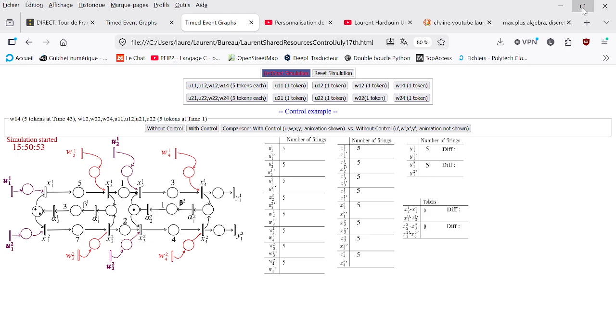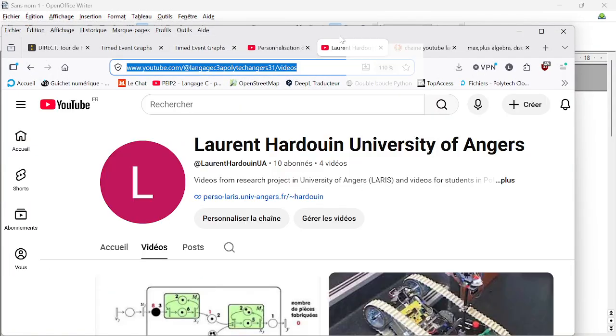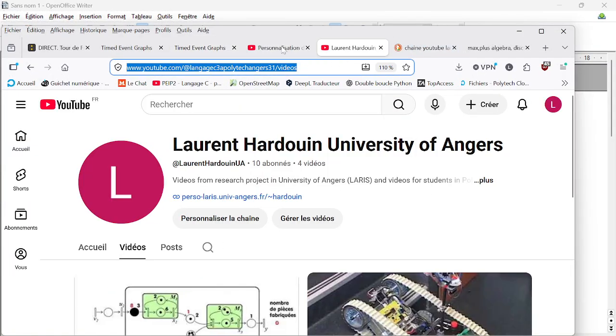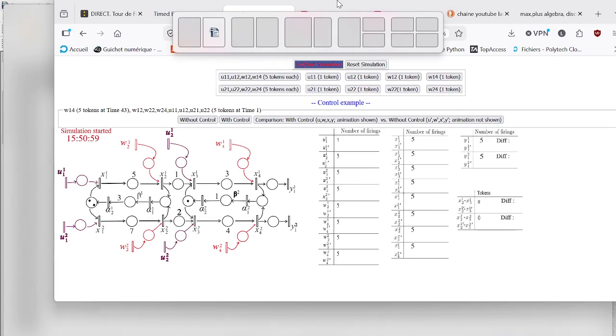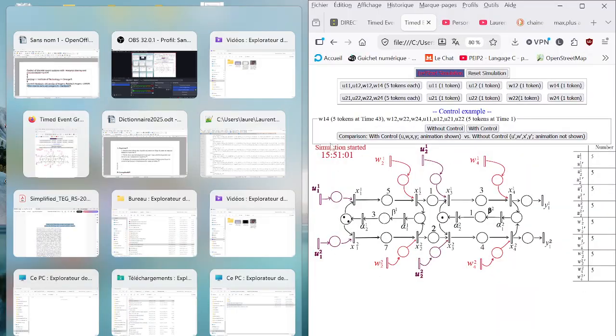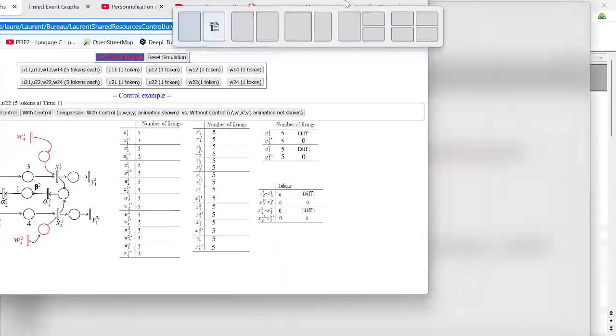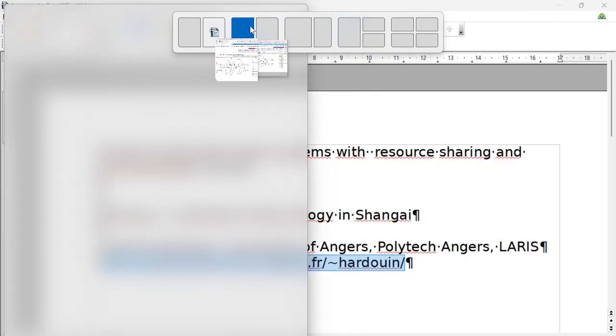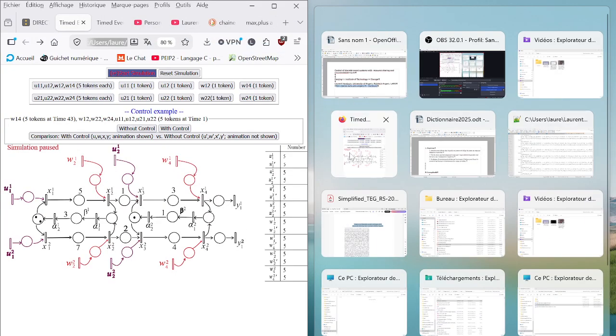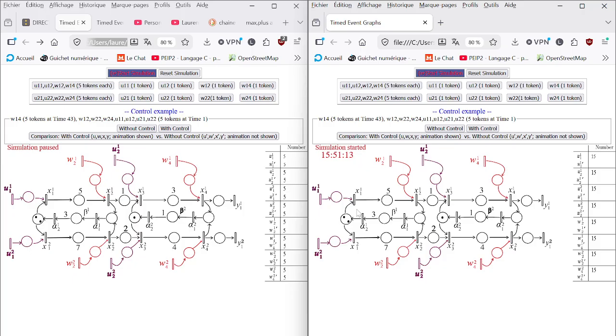Now I'm going to compare this with the higher priority system. Okay, here I represent the two systems, and we are going to compare without or with control.